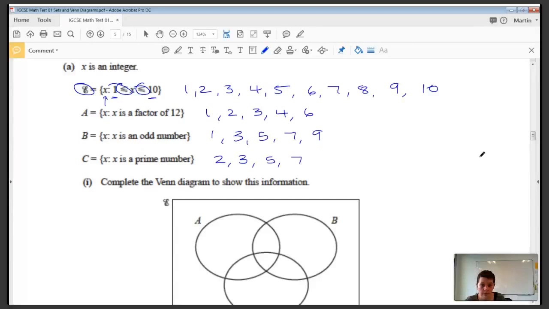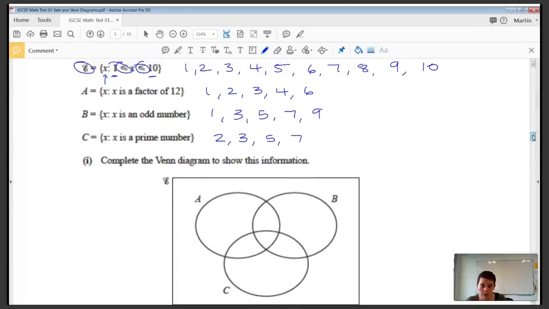Okay. Then they say complete the Venn diagram to show this information. So we've got to take all those numbers we scribbled and put them in the right place. So what I like to do is I like to start in the very middle of the Venn diagram. Okay, that very middle of the Venn diagram is the numbers that occur in every single set.